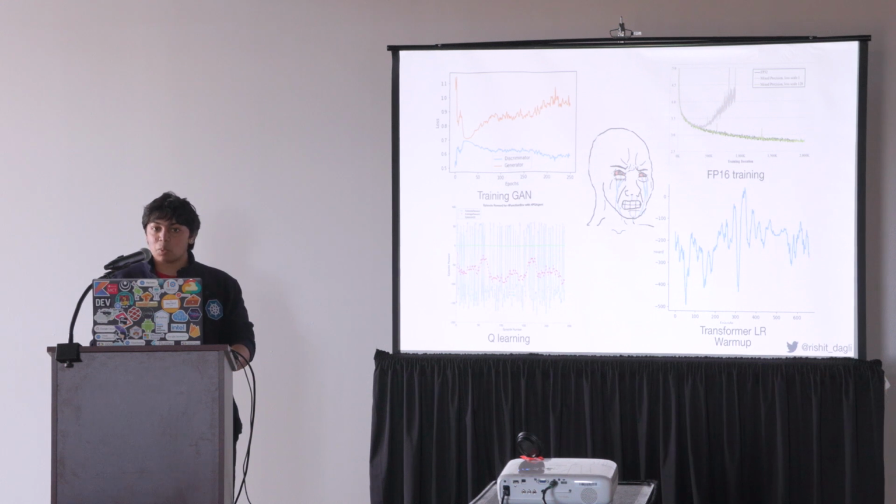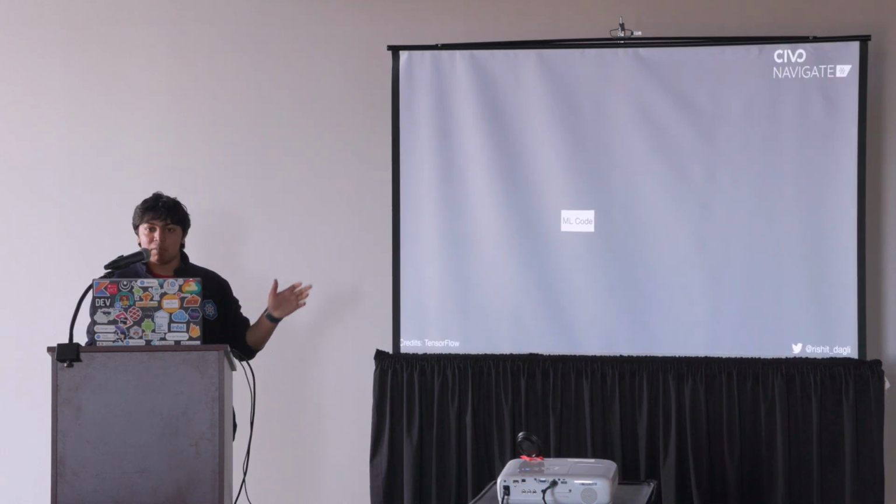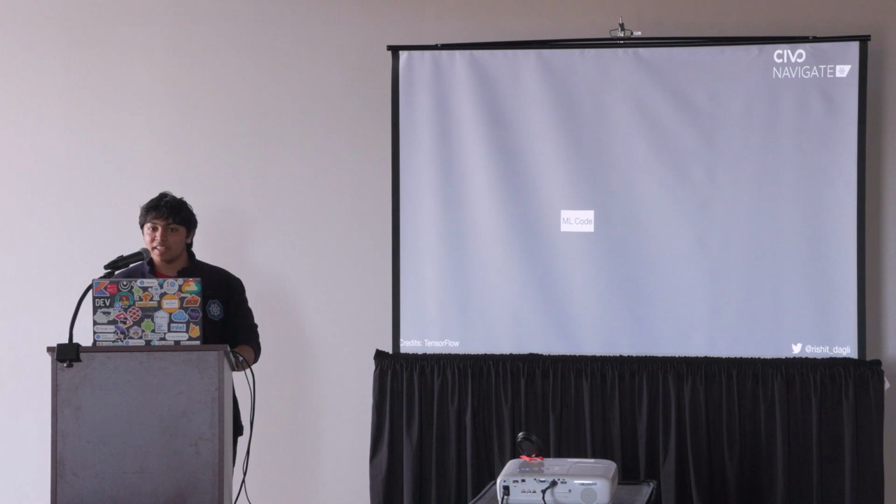And this is just one part of it, the ML code part, which is already really hard. You try training a transformer or a GAN from scratch without the right warm up, and you probably spend thousands of dollars with nothing. So it's hard to train machine learning models, but that's only one part of it, the machine learning code part.